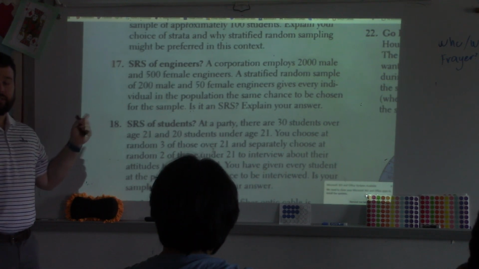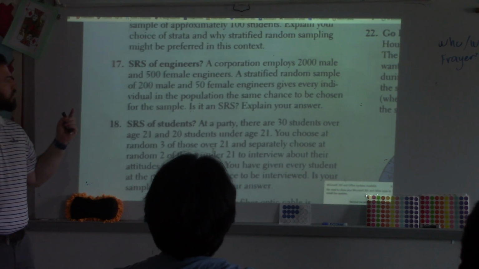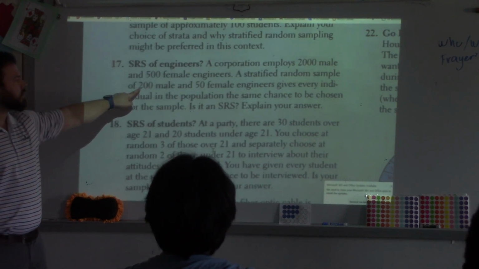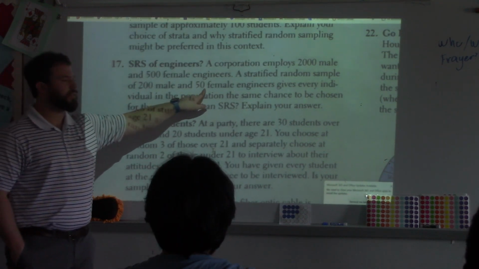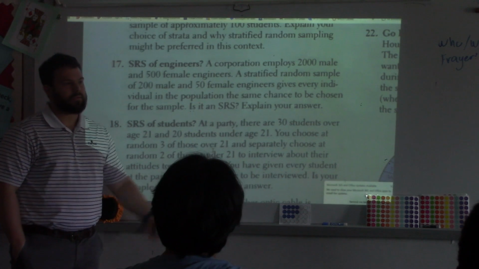So by that logic, would this be an SRS? No. Why does every person not have an equal chance? Because I feel like there would be more male engineers selected. Well, what percent of our males are selected? 10%. What percent of our females are selected? 10%. Perfect. They have an equal chance.